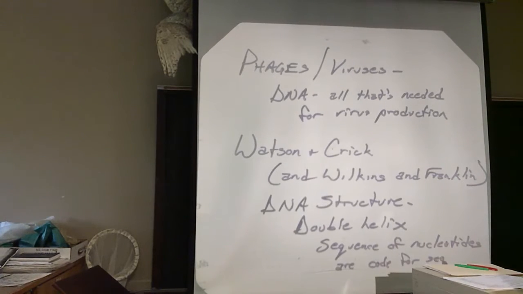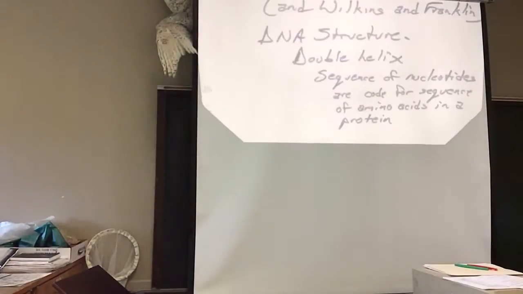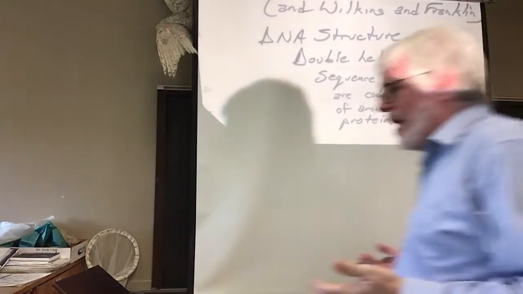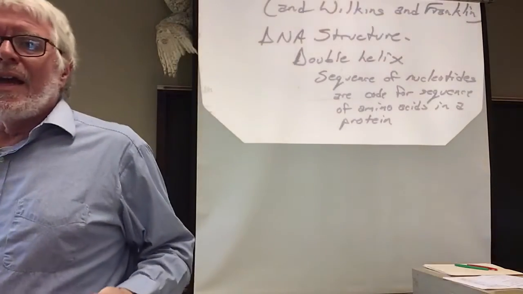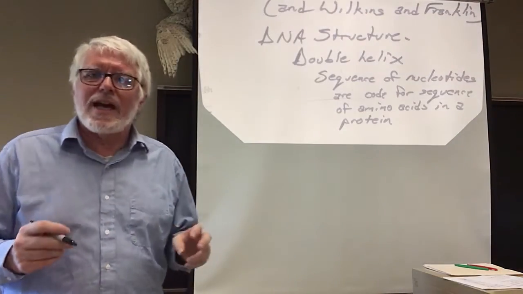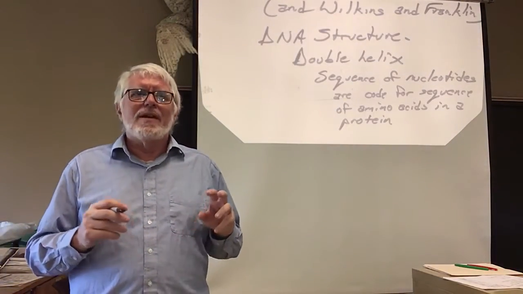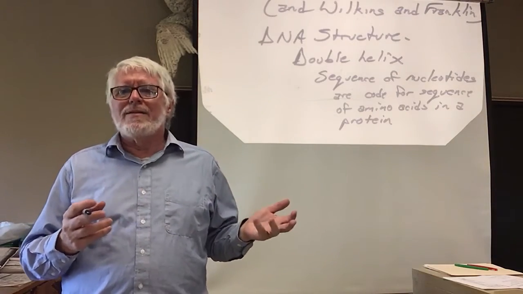So the sequence of the nucleotides are a code for the sequence of amino acids in a protein. A protein is a long chain of amino acids. A gene is a long chain of nucleotides. And that sequence of nucleotides can be translated.